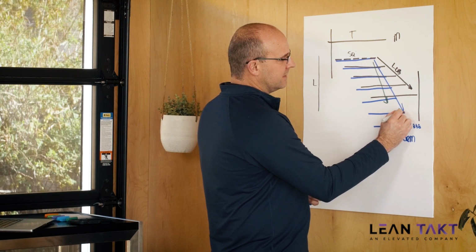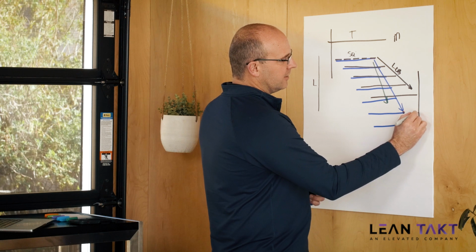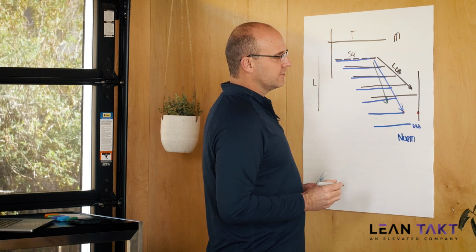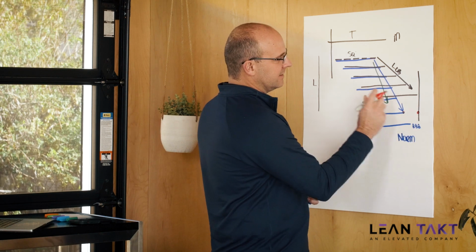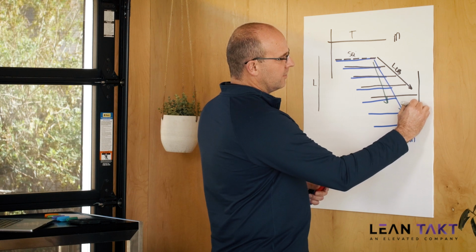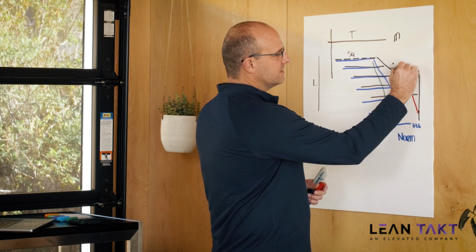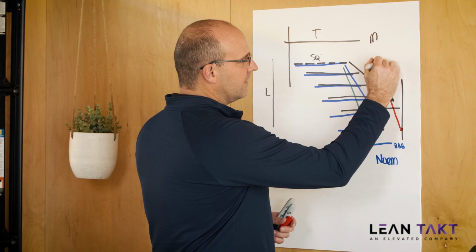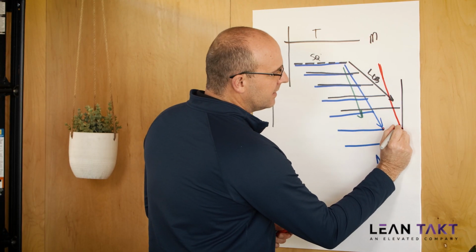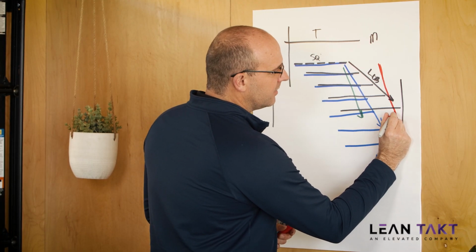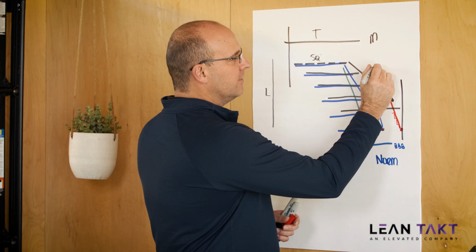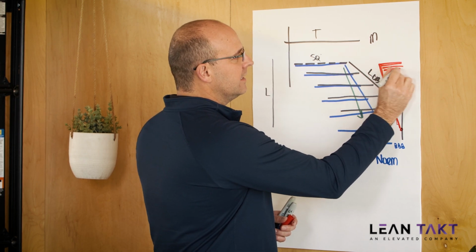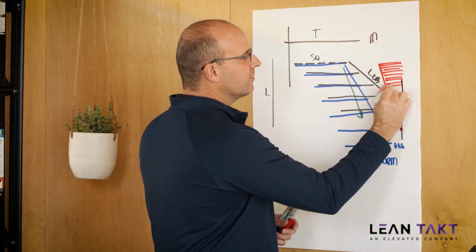I will take this point and move it over here to my substantial completion date, and I will take this incline, which is my backup. This is the fastest pace I could possibly go, and I'll draw a red line, or if you're in Excel, you might see them as boxes. But this area right here is your takt point of no return.